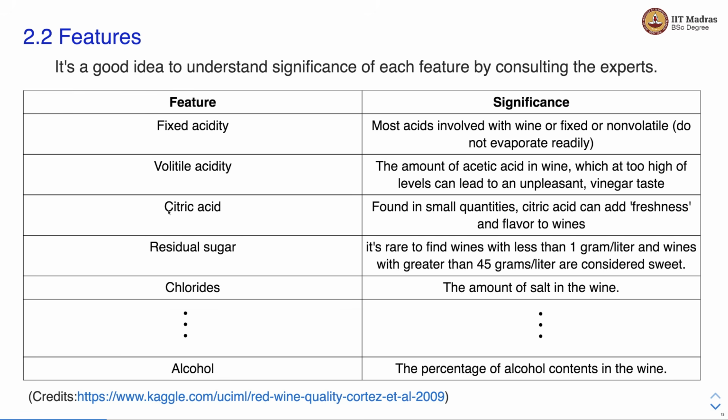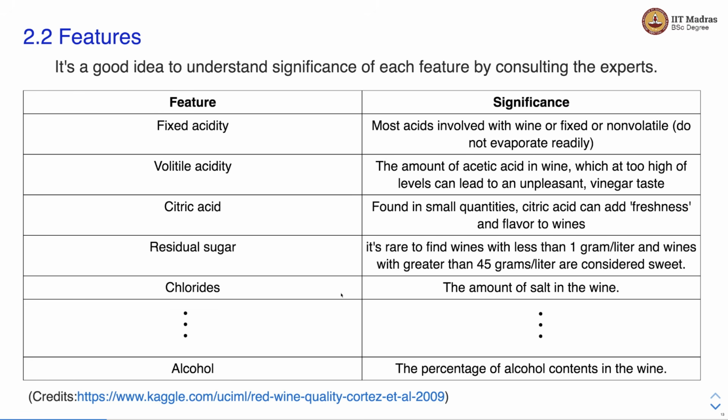The third feature is citric acid. Citric acid is usually found in small quantities in wine, and it can add freshness and flavor to the wine. The next feature is residual sugar. It's rare to find wine with less than 1 gram per liter of residual sugar, and wines with greater than 45 grams per liter are considered sweet.